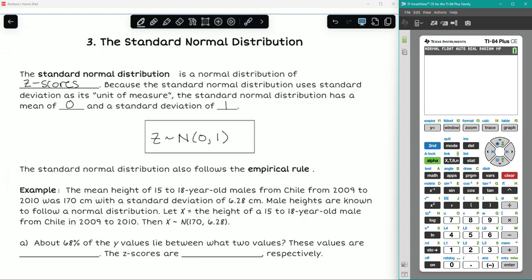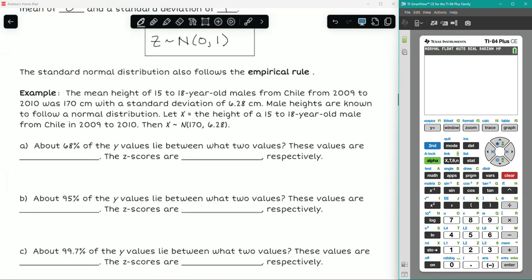Let's go ahead and use our knowledge of normal distributions to answer some questions. So our first example says, the mean height of 15 to 18-year-old males from Chile from 2009 to 2010 was 170 centimeters with a standard deviation of 6.28 centimeters. Male heights are known to follow a normal distribution.